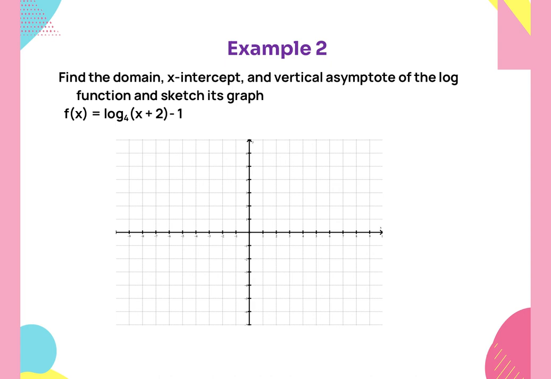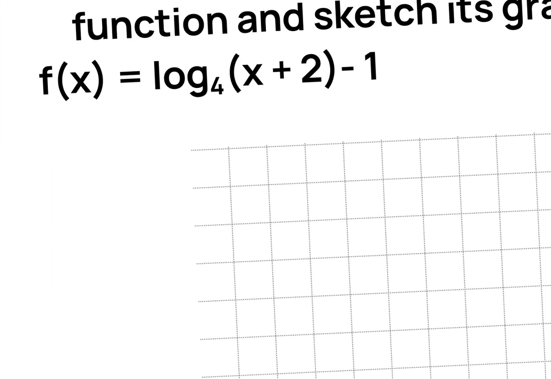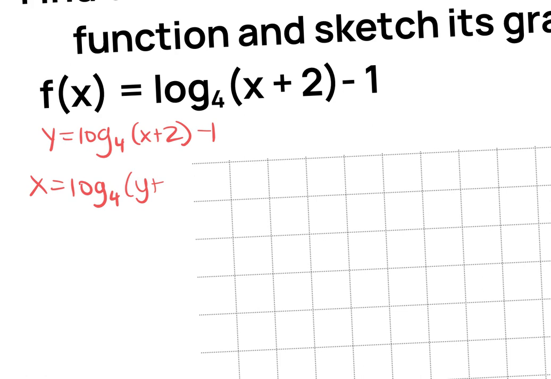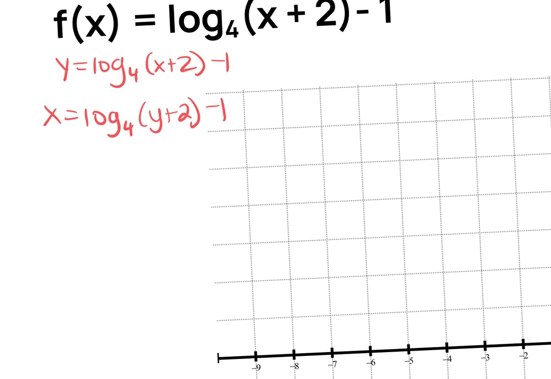Go to this. The first one on the slide was option 1, which is to take this and make it its inverse function. To make this its inverse function, we switch the x and y. So I replace f of x with y, and I switch the x and the y. I need to get the log by itself, but before I do that, I have to get rid of that 1, so I'm going to add 1.